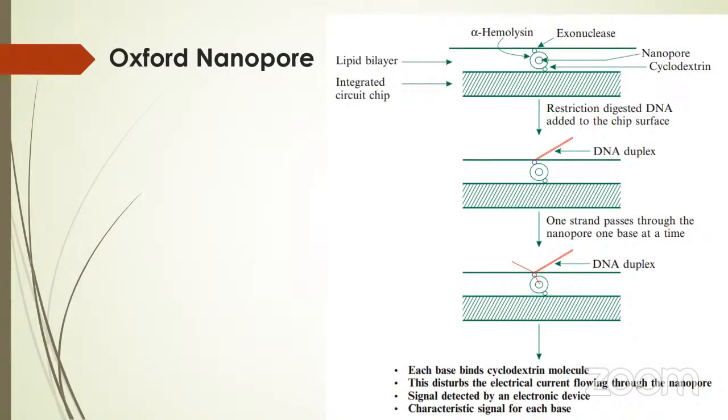This is sequencing by degradation of the DNA, because here we are using exonuclease. Whenever a single molecule passes through the nanopore, the exonuclease present in that nanopore will cut one base at a time, and that base releases a change in the current, which will be detected by the motor protein. So this is the principle of the Oxford Nanopore. So, sequencing by degradation.